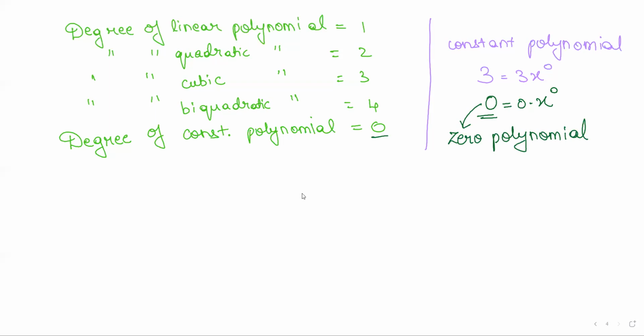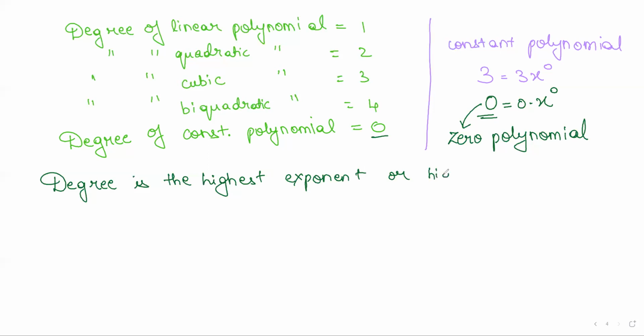Okay. So if you want to define degree, then you can do so as: degree is the highest exponent or highest power of the variable in a polynomial.